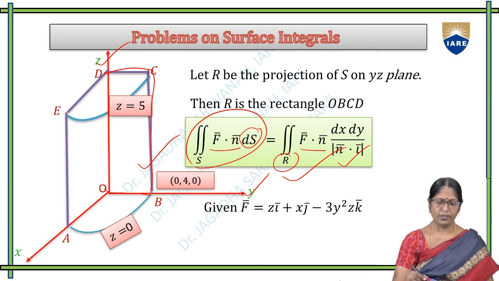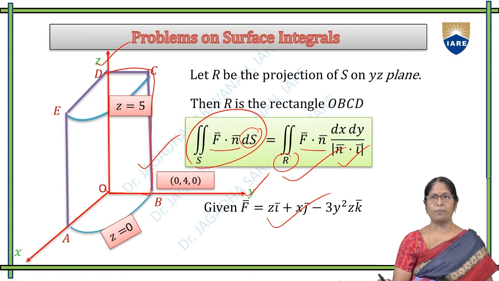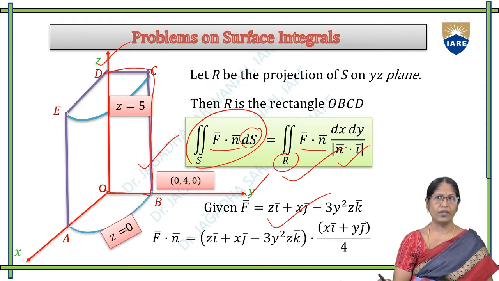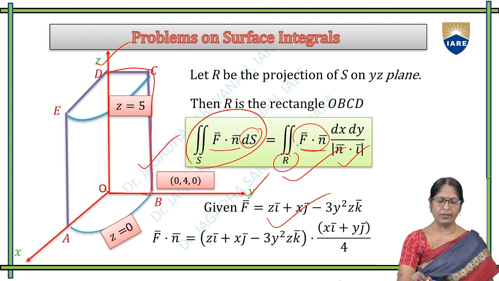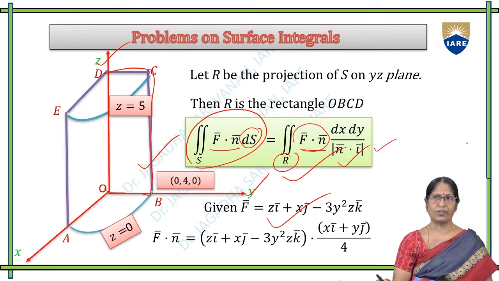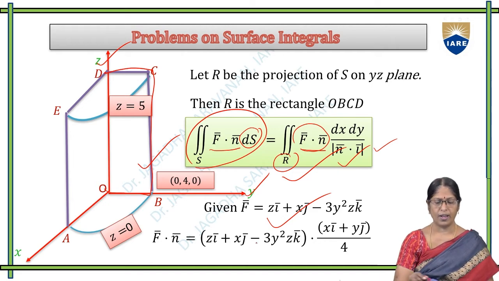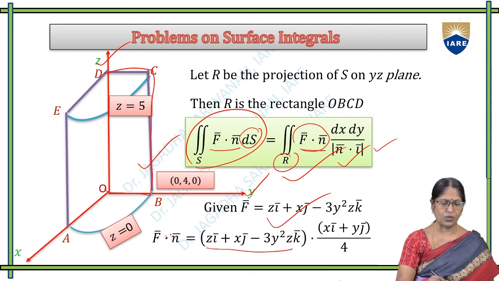Now, this is our given function f. So the vector f is z i plus x j minus 3y squared z k. Now we need f dot n to substitute here. First we will find that. So f dot n is equal to f, completely written here, with the dot product.